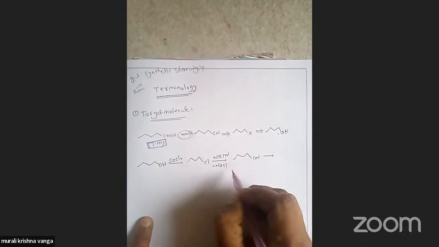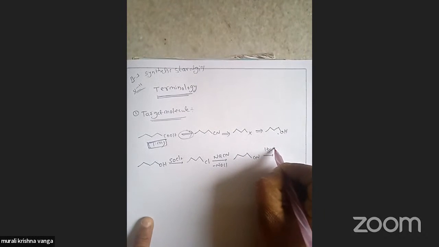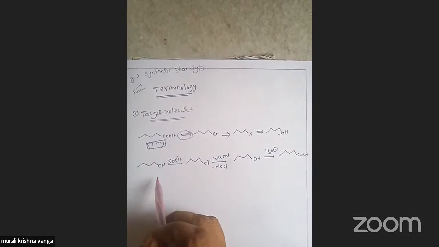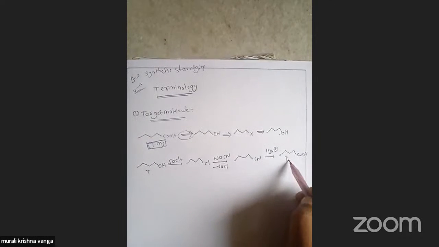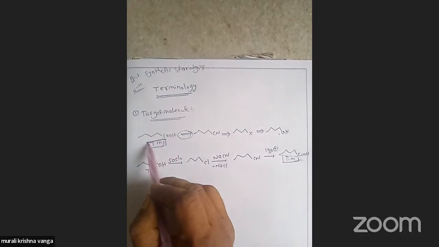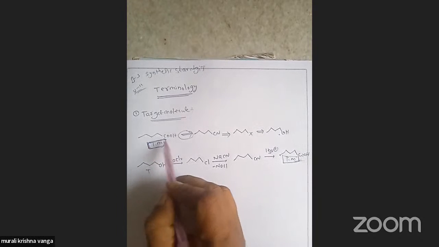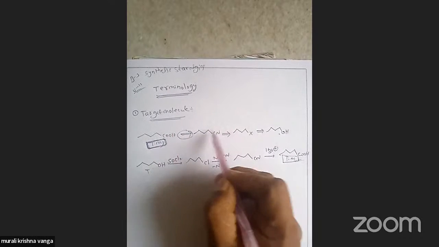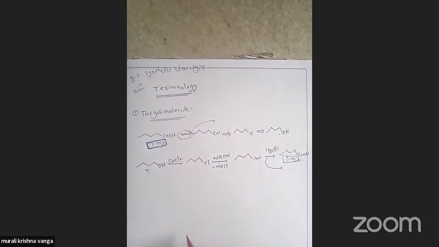When the cyano compound undergoes hydrolysis, it gives carboxylic acid. So this is the target molecule. The molecule chosen in the laboratory for synthesis is called target molecule, and the molecule chosen in disconnection, retrosynthetic analysis, is also called target molecule. This is a retrosynthetic analysis process, and this is a synthetic process.